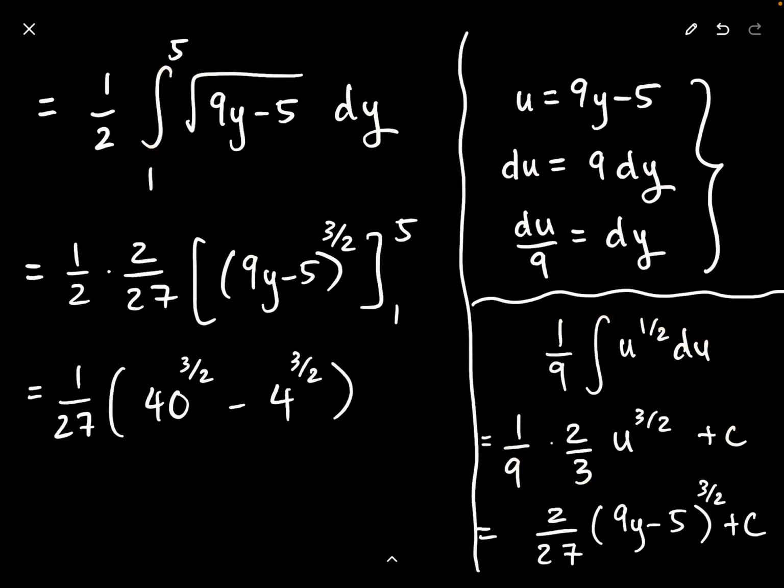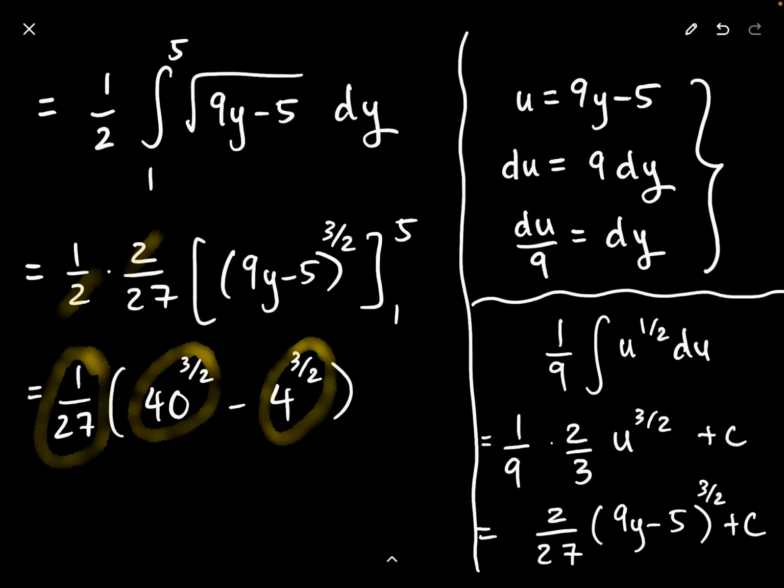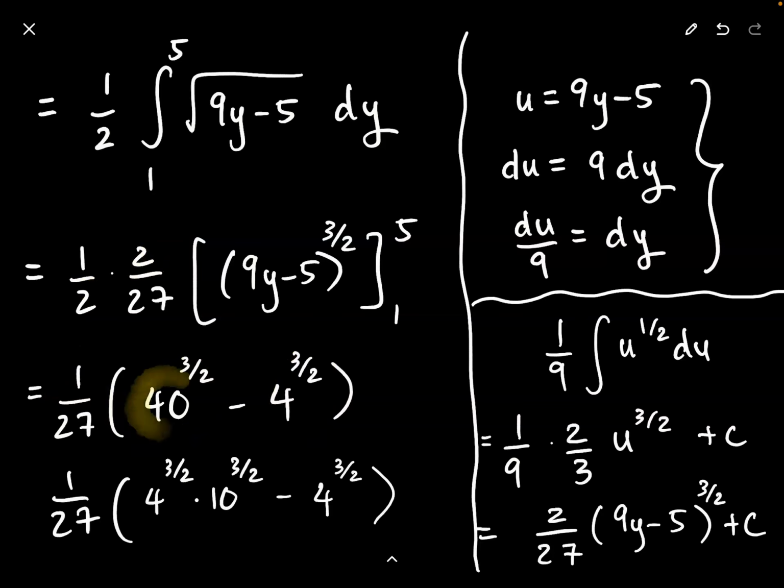Next, we can just evaluate the integral. So 2 and 2 cancel. In the front, we have 1 over 27. At upper limit 5, it's 40 to the power 3 over 2. And at lower limit 1, it's 4 to the power 3 over 2. Just to simplify it, since 40 is 4 times 10, 40 to the power 3 over 2 will be 4 to the power 3 over 2 times 10 to the power 3 over 2.